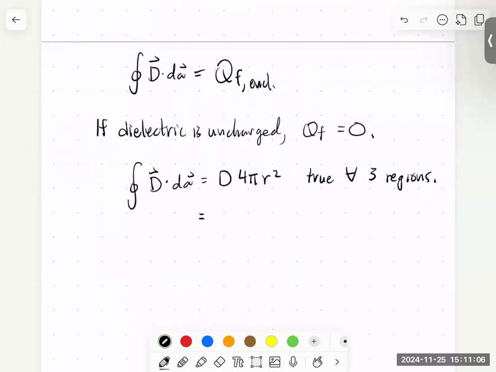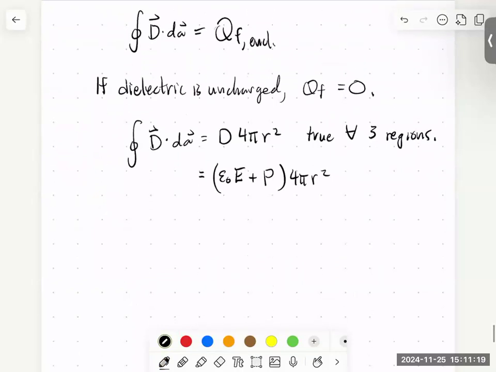But D is epsilon naught E plus P. All right. So let's do the region r less than a.